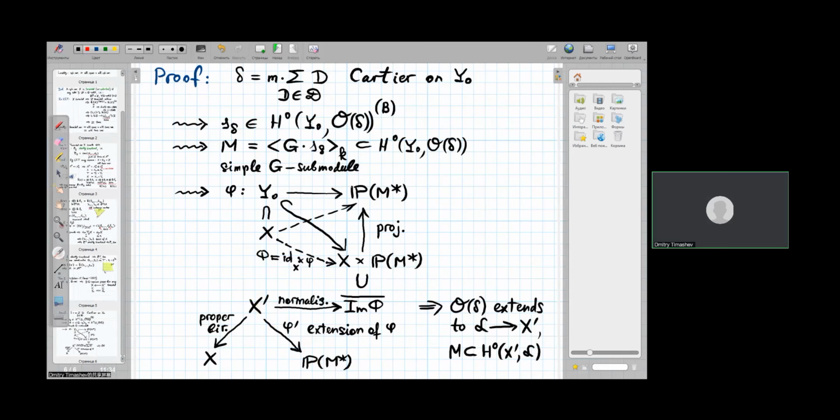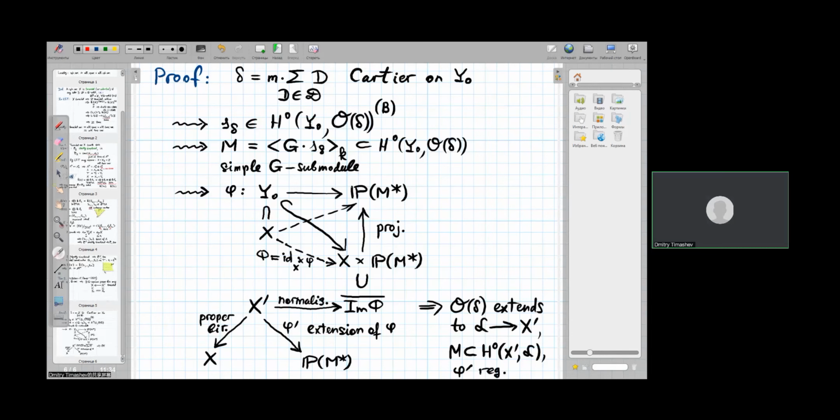They are just pullbacks of linear forms on this projective space, in projective coordinates. So we have this inclusion, and let me also indicate that this map phi prime is regular on X prime.